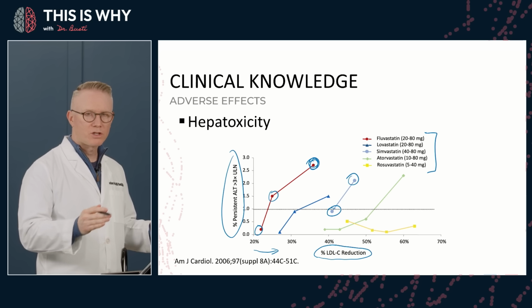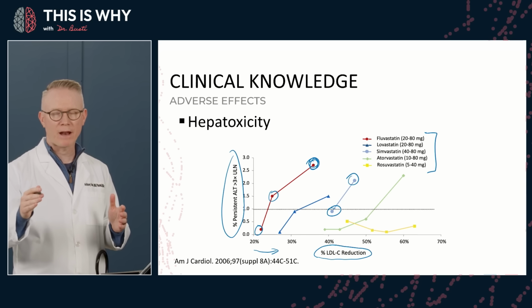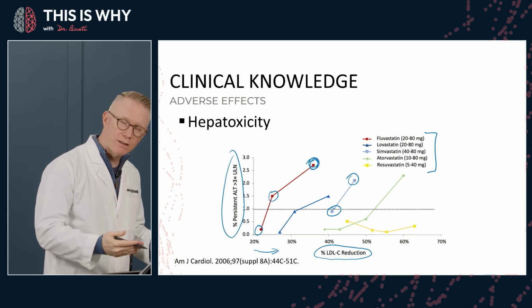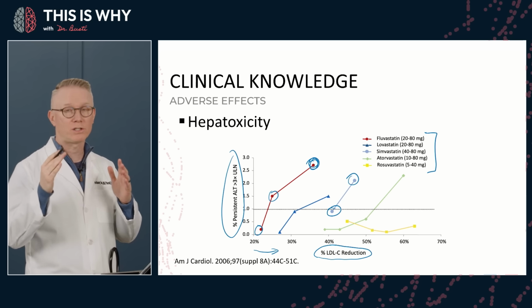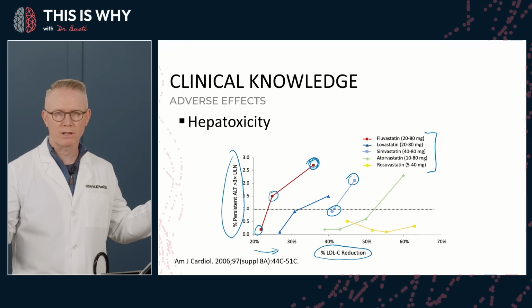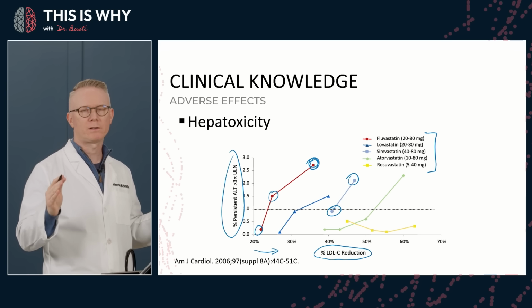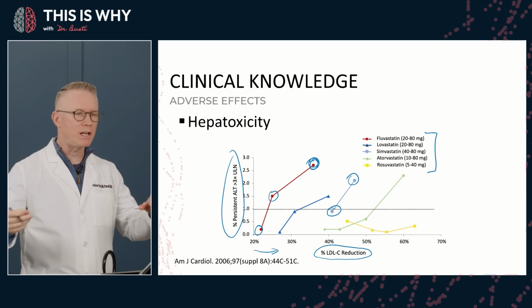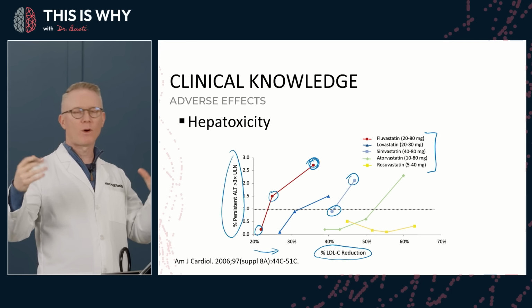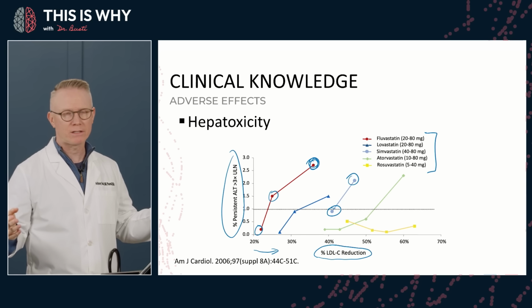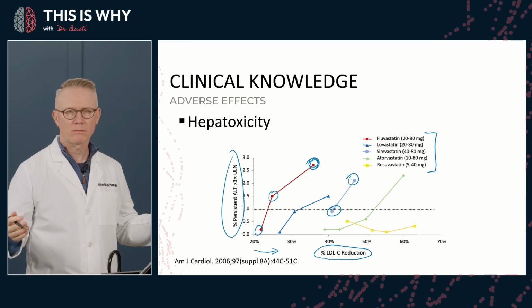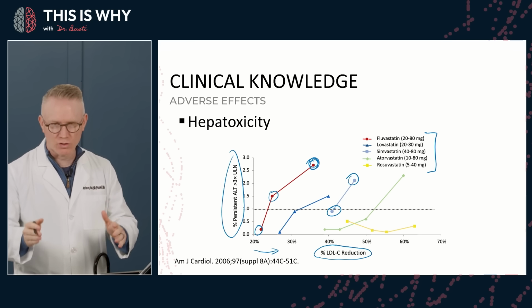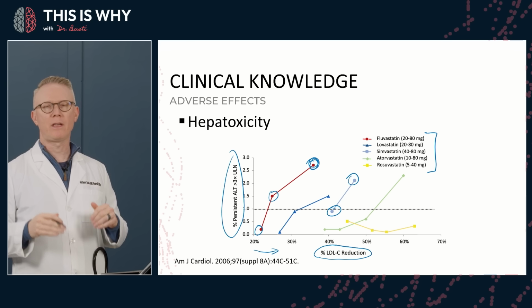All of the drugs show an increase in the risk of hepatotoxicity with increases in exposure. So it's not about the potency of the drug, it is about the drug concentration, regardless of the potency. That's really important, because some people perceive that it's more effective and more potent, therefore it's more likely to cause liver damage. No, that's not the case at all. It is related to the drug concentration in the body, the exposure.